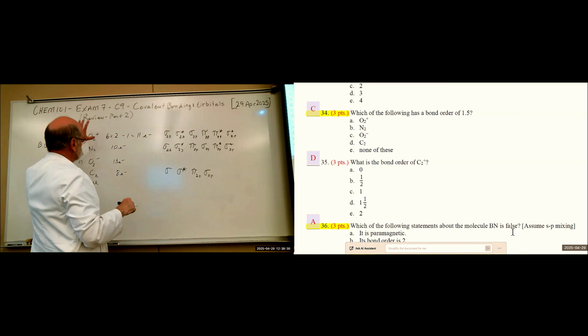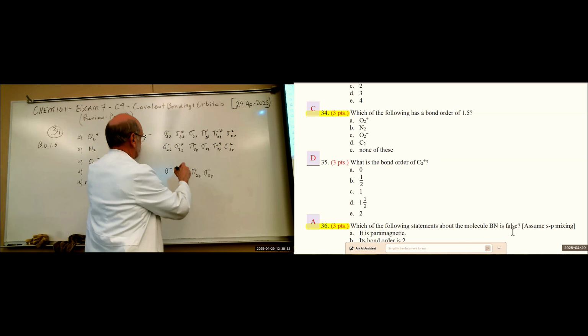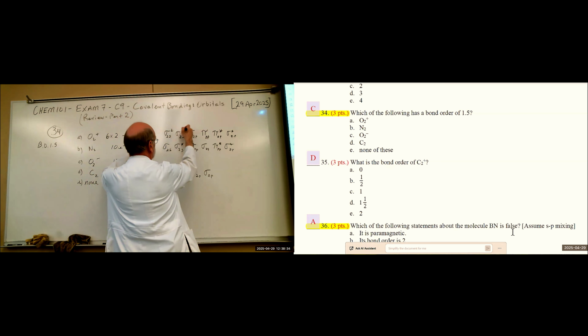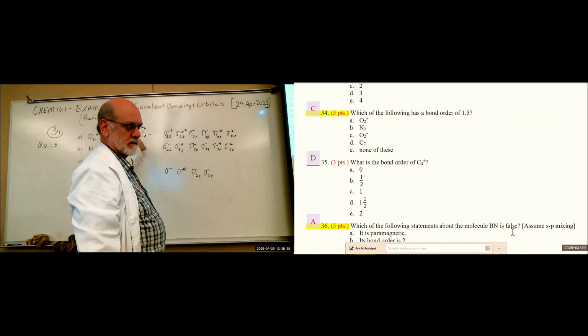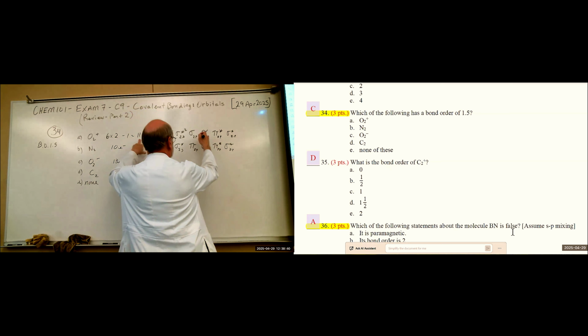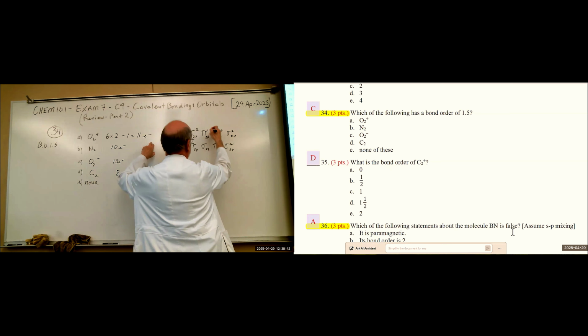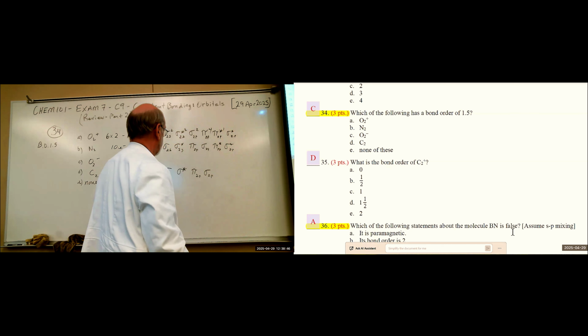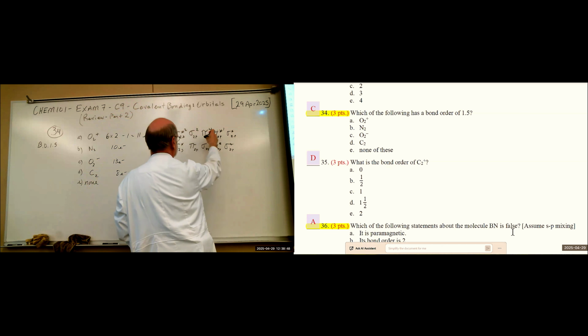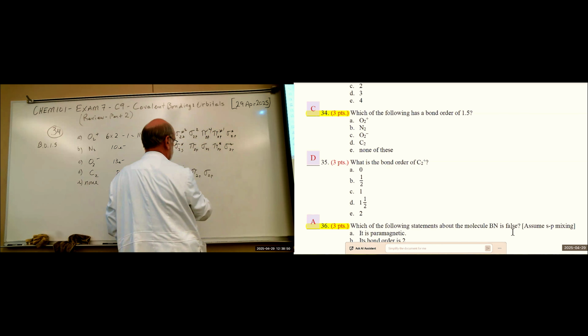Okay, so for oxygen, we have 11 electrons, right? Sigmas can hold 2. So that's 4. Yeah, 7 more to go. 5 more to go. This can hold 4, and there's 1. Let's see, 2, 4, 6, 10, 11. That's right.